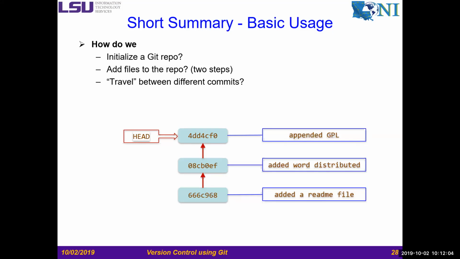Then we do git commit, right? Remember the 2 steps, and that's important because we're going to explain why we're using the 2 steps. And we also showed how we travel between different commits. That's how you revert to different versions. How do we do that? What's the command we use? Git reset --hard, right?